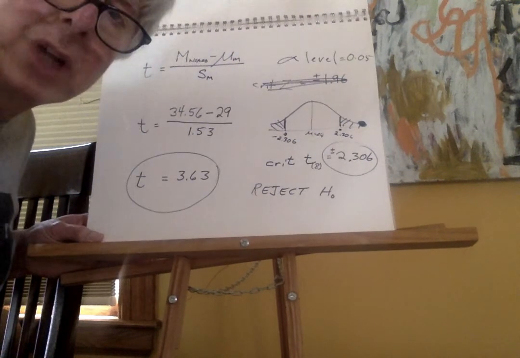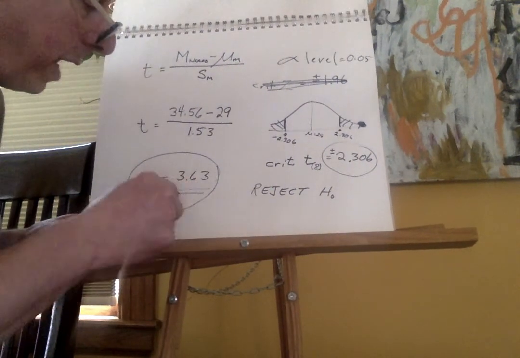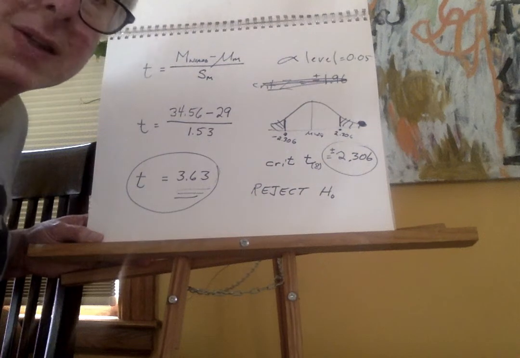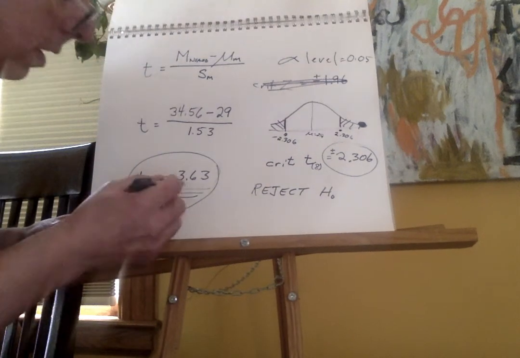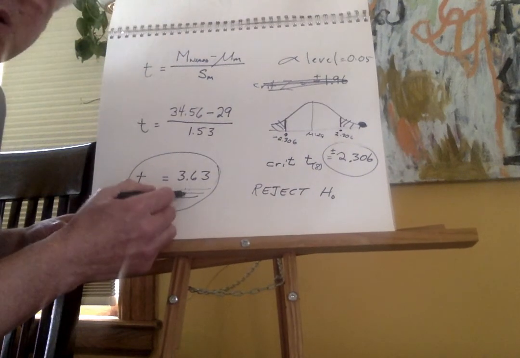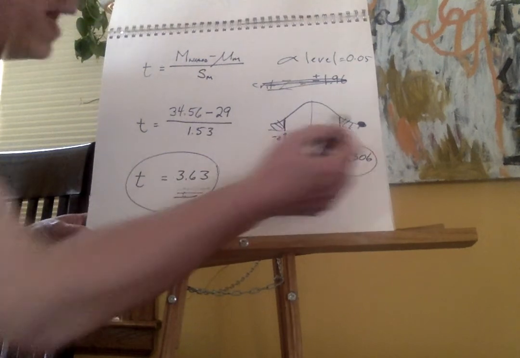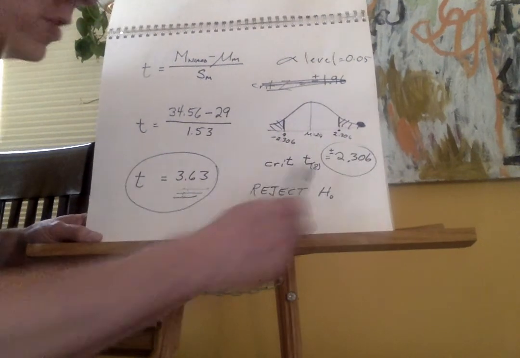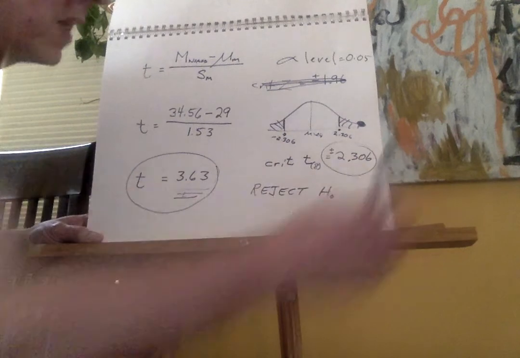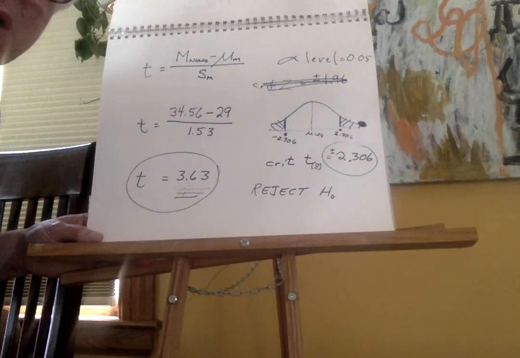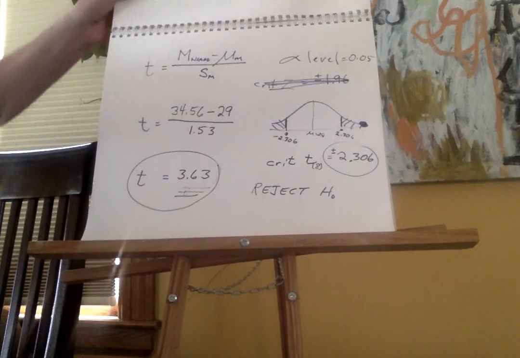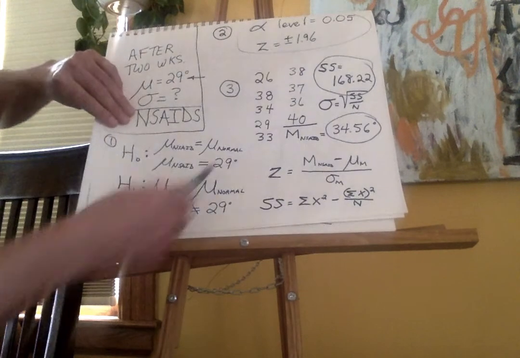Again, why am I rejecting the null? Because our data that we collected from these NSAID people, this number is way outside of our critical region, okay? We're going to say they fall in the extreme. And so we're going to reject the null. Let's go back. Here's the null.